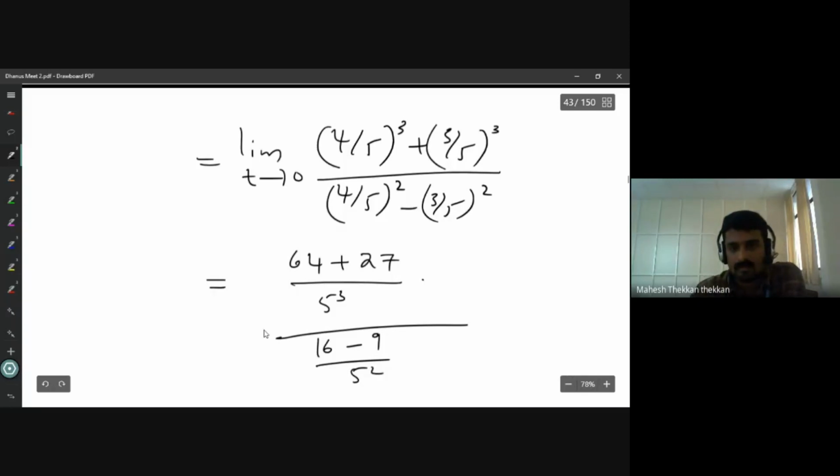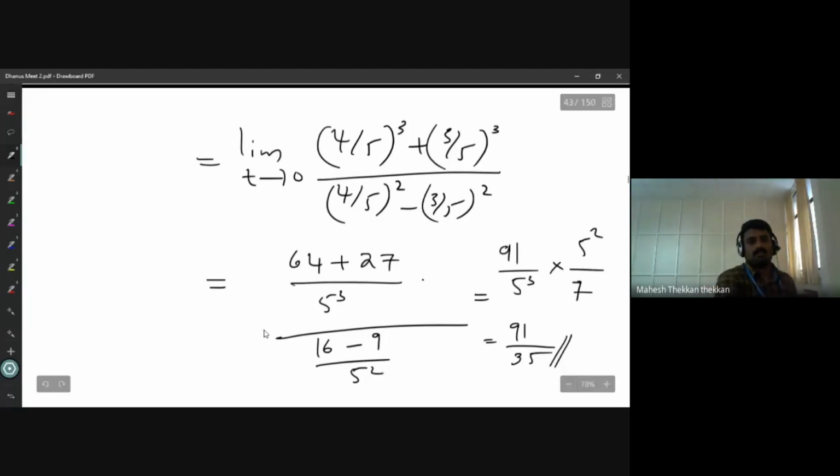Okay. So this total thing is 91 by 5 cube into 5 square by 7, right? Correct. So you're getting 91 by 35.